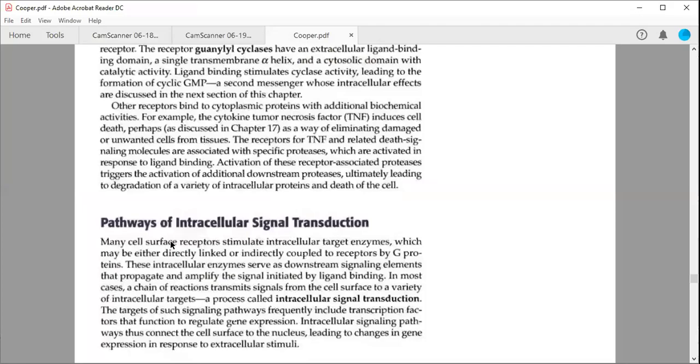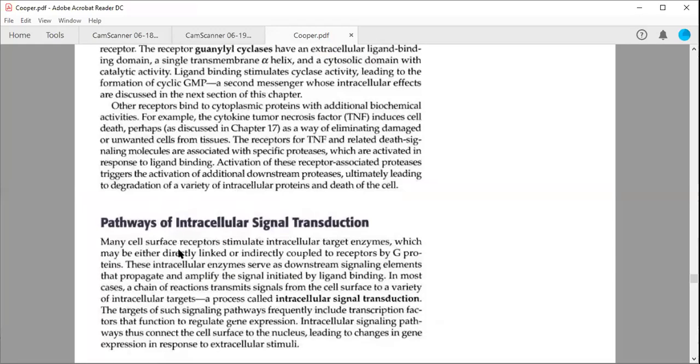Many cell surface receptors, for example GPCRs, and second, receptor tyrosine kinases, which are also surface receptors. I am giving reference to GPCR only here because I have not discussed receptor tyrosine kinases with you.